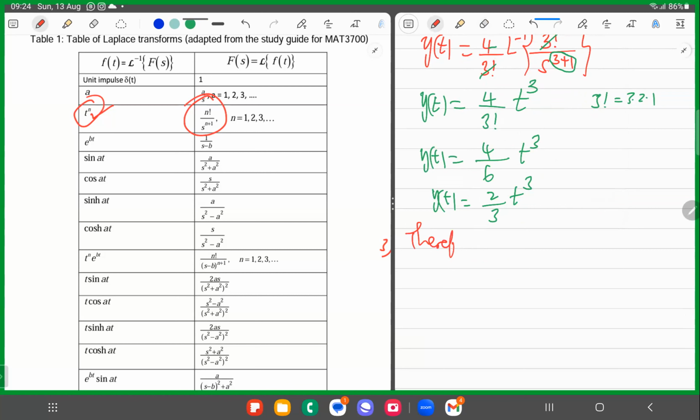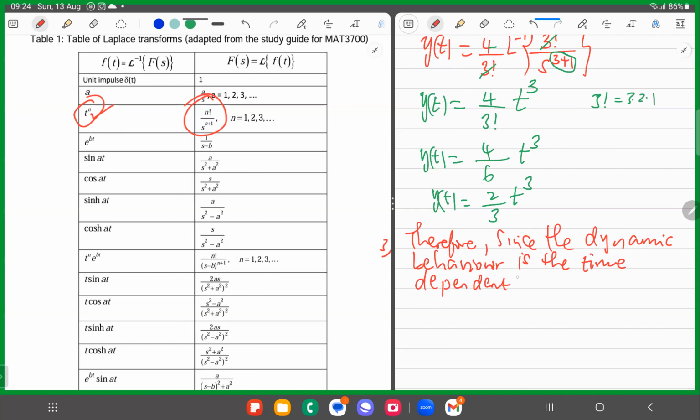So therefore, since the dynamic behavior is the time-dependent response, it is given by y of t, which is 2 over 3 t cubed.